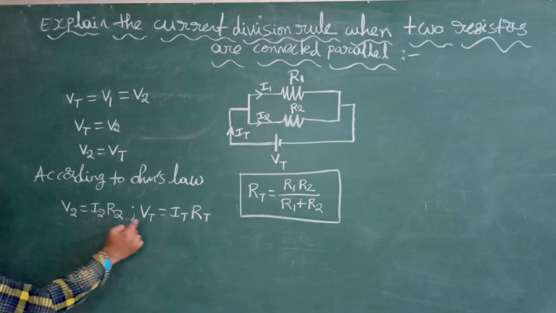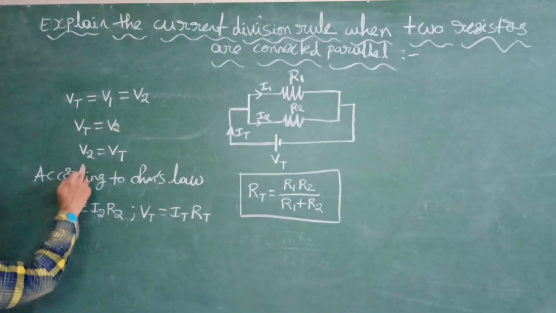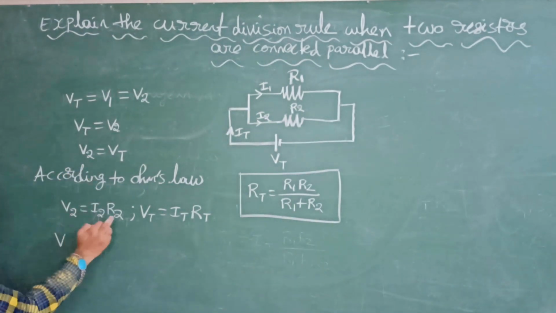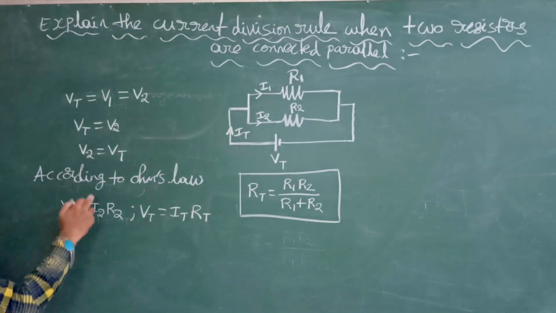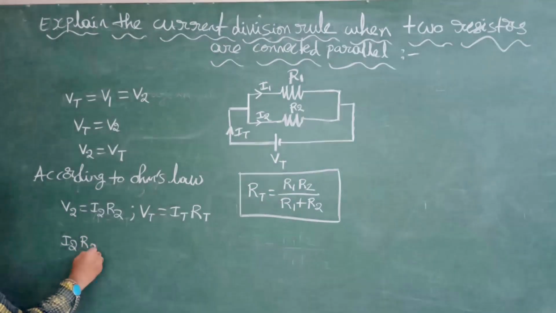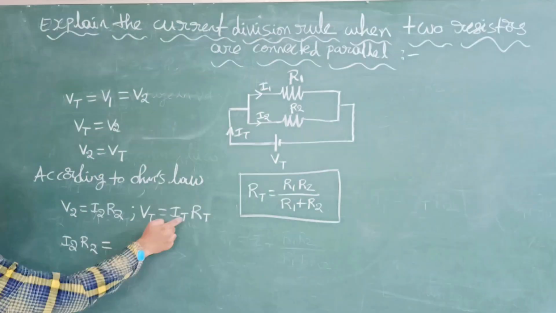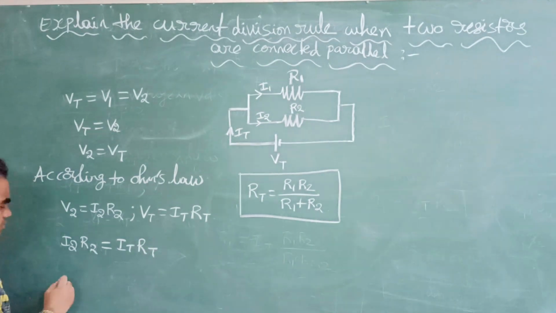Substitute this V2 value in the above equation. V2 means I2 R2, and VT means IT RT.